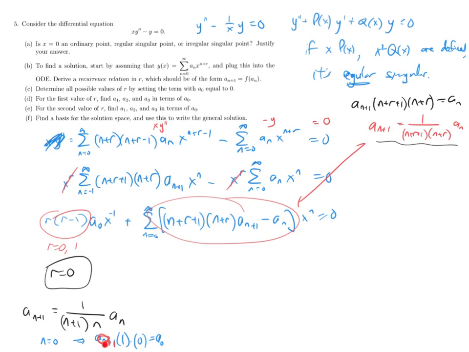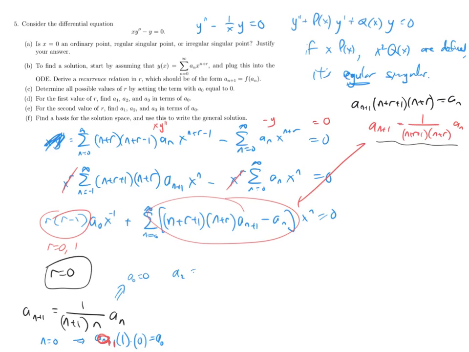So a_0 has to be 0, a1 can be anything, and then a2 is in terms of a1 and a_0.